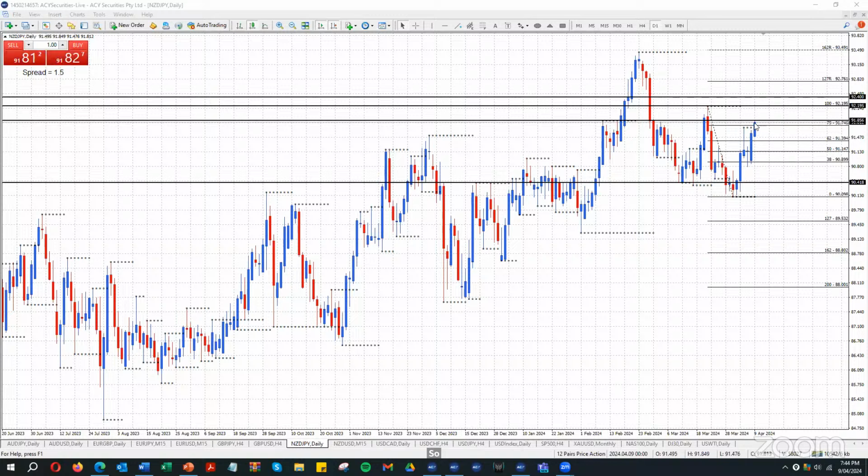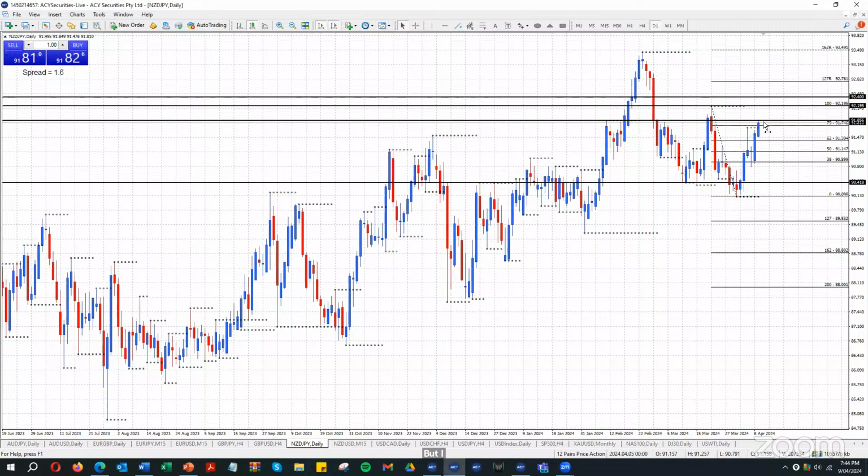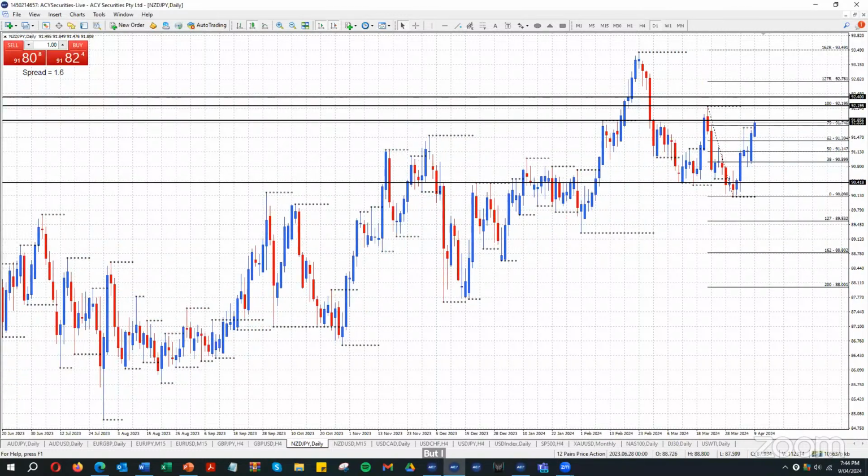I wouldn't want to sell this ahead of tomorrow, but we all have to make our own choices. You could be selling here, stop above the high, because we're just fractionally above the 79, and we're at resistance. Sell, stop goes above here, targeting down here.